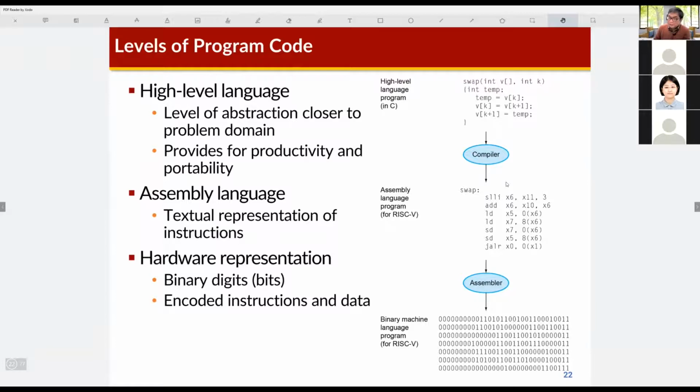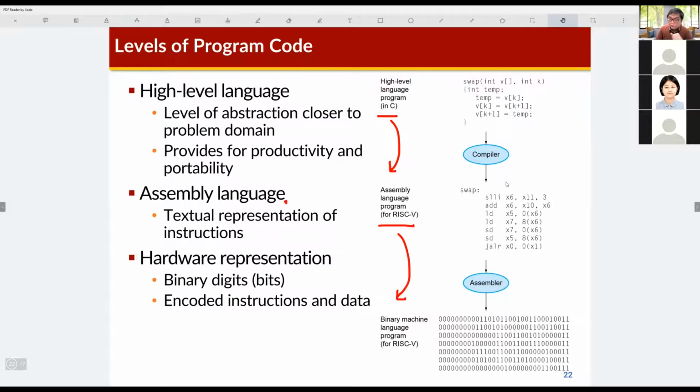I already explained the program code, the high-level language, and I skipped the assembly language, but I will explain it later in chapter 2. The high-level language is translated into the assembly language, and then this assembly language is mapped to the machine code.